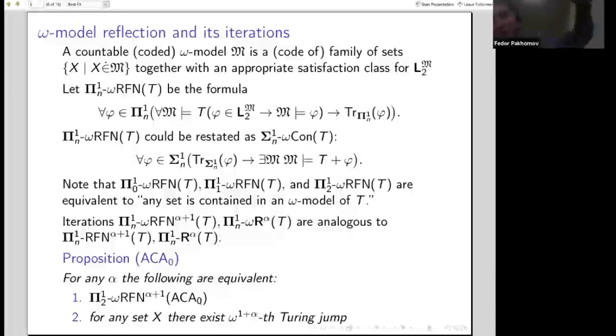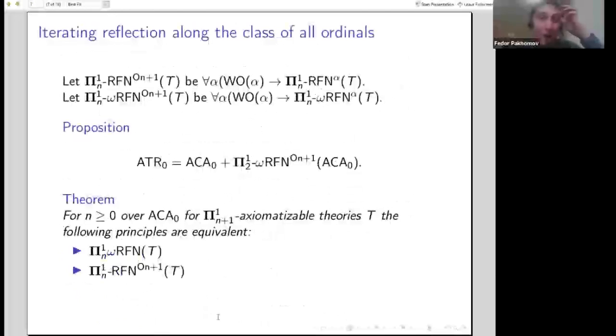But then when we iterate this, for every step we iterate the amount of Turing jumps by omega, and this gives us this correspondence. So this is how the iteration of Π12 reflection corresponds to this more known series of iterated Π01 comprehension, or the existence of Turing jumps.